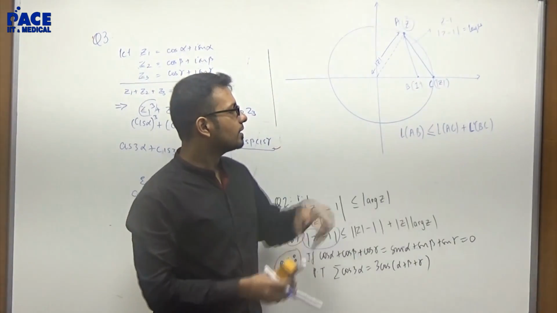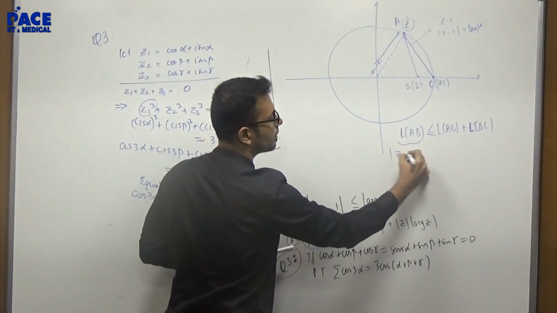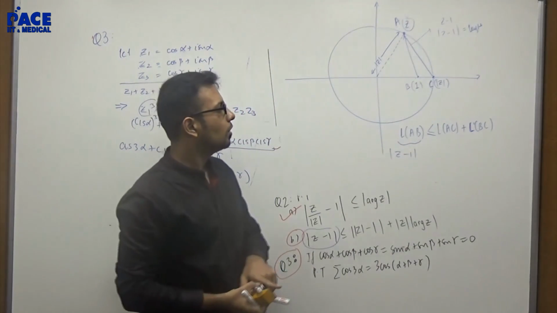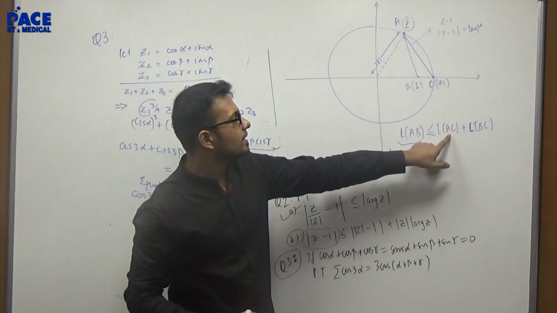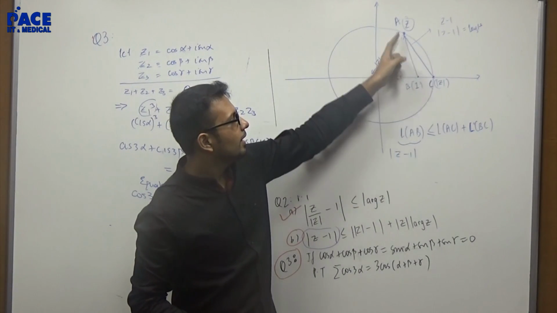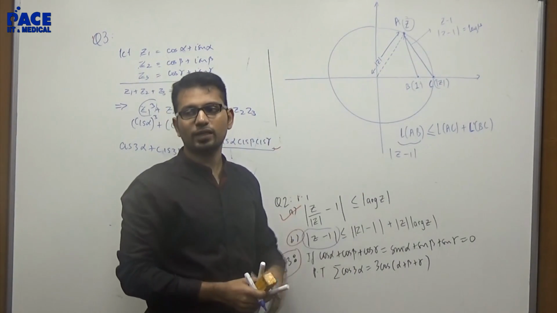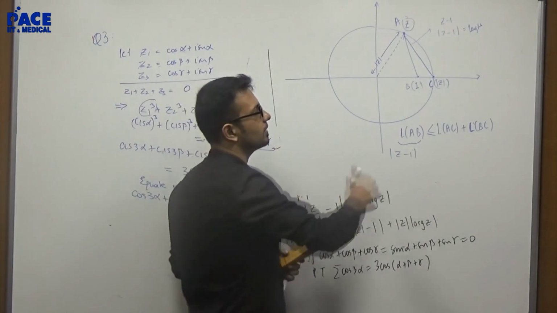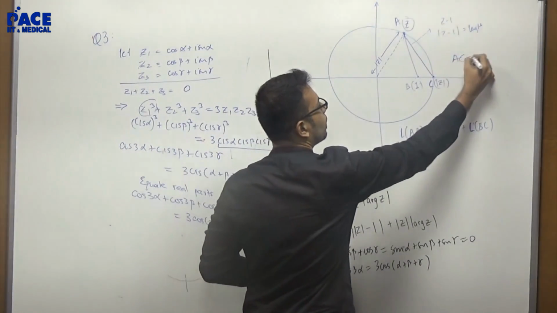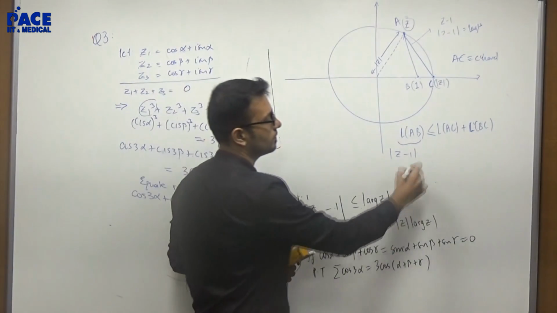But now देखो, this is mod of Z minus 1. Now, what is length AC? This is length AC, right? Now, can I say length AC is less than the length of the arc? This is a chord, no? AC is the chord. ठीक है?